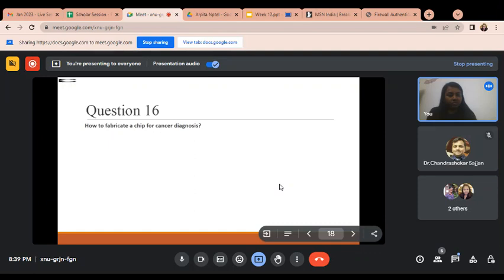So what process will we follow? Can anyone tell? Yes, an etching process. Which etching process will we use?